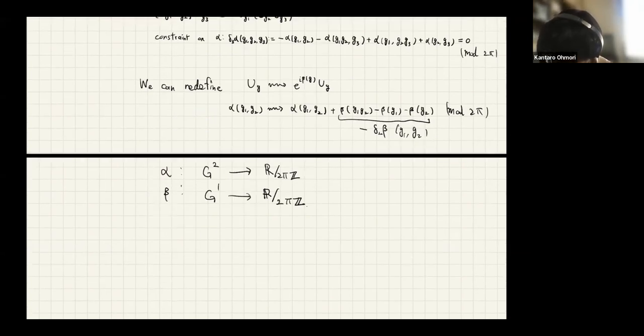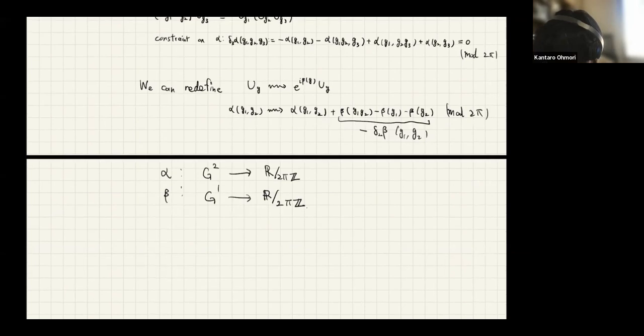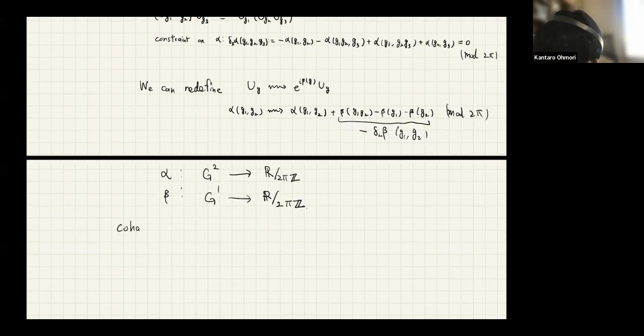Let me define the cochain. An n-cochain C^n(G, R/2piZ) is just a set of maps from G^n to R/2piZ.